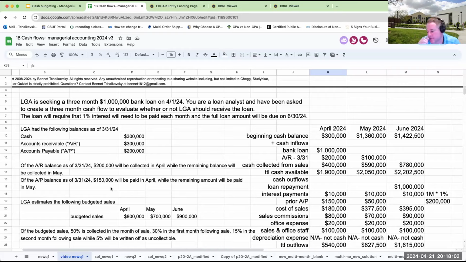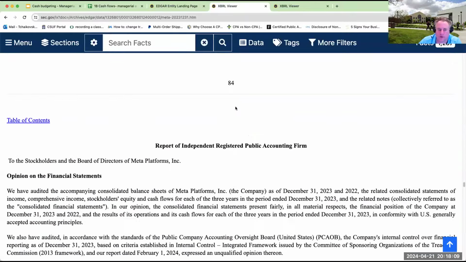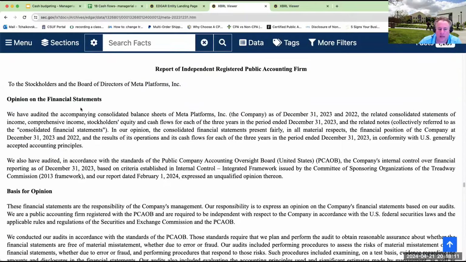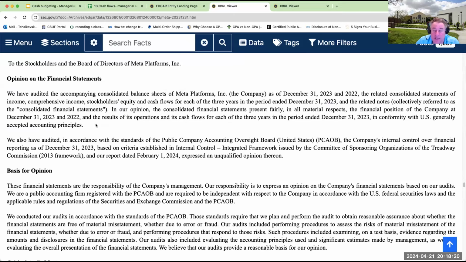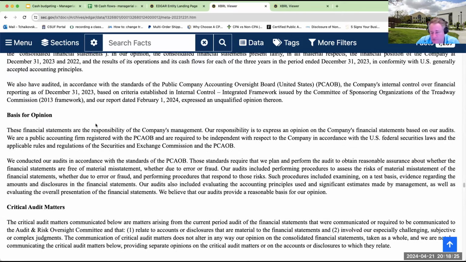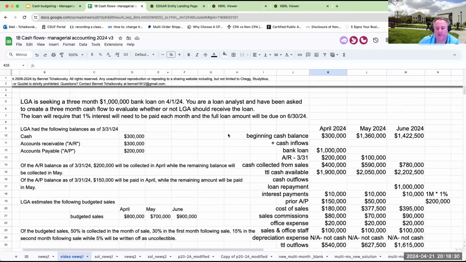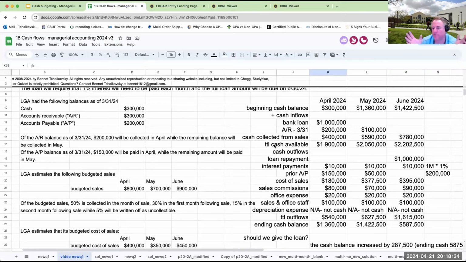The importance of this is when you go to audit a company and give an opinion on the financial statements, we have to make sure this company is going to have enough money for the next 12, 24 months. The way we do that is we ask the client to prepare a cash flow that we would then review.